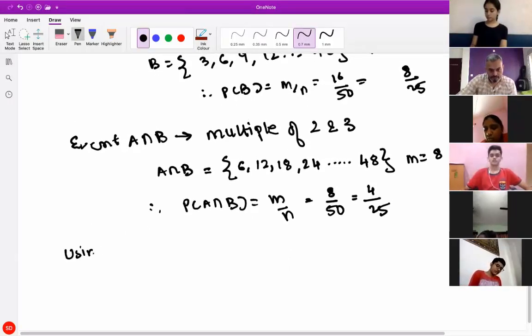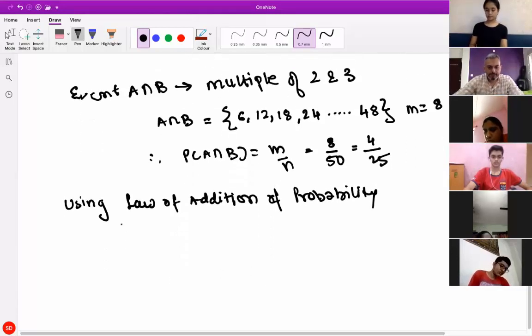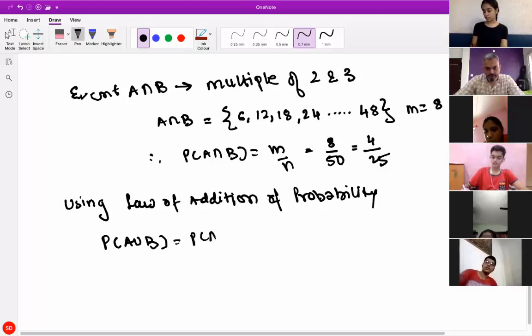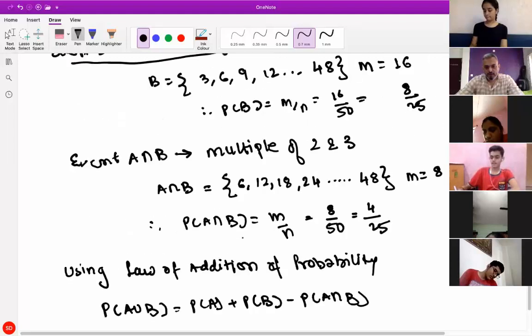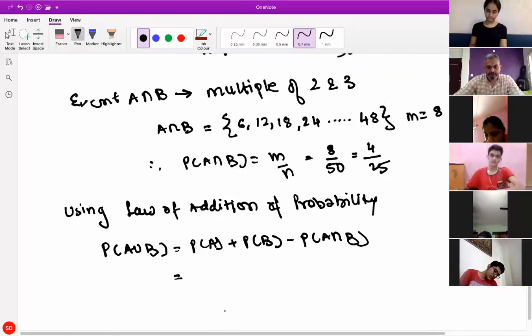Okay, now using law of addition of probability, probability of A union B is equal to probability of A plus probability of B minus probability of A intersection B, which is equal to, what is probability of A? We take this one, 25 by 50.